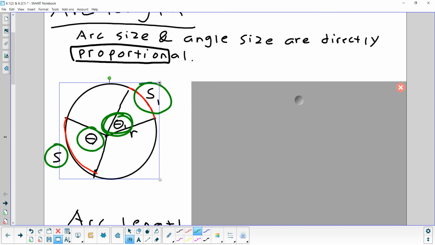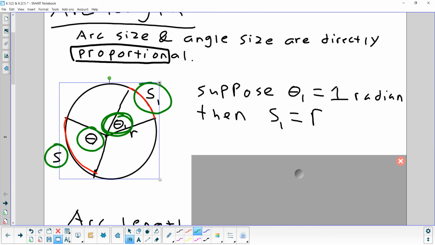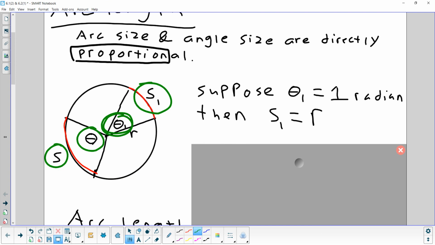1 radian. There's your connection that you can use to figure out anything else you want. Now you have a connection between the size of the arc and the size of the angle. So let's suppose that theta 1 was 1 radian. If it was, then that means the length of the arc is automatically equal to the radius.